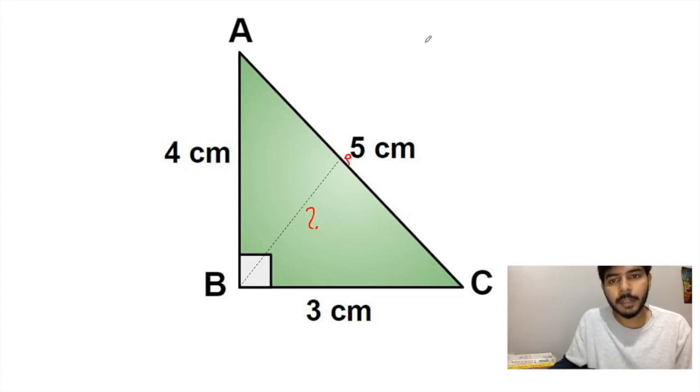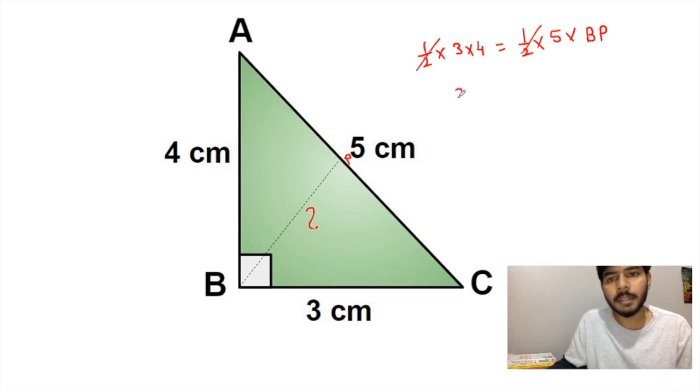Again, sir, I can find the area of a triangle by writing 1/2 base into height, and again that is equal to 1/2. This time the base will be 5, but sir, BP is the height, the corresponding height, as you told. So this is similar, and this can come here.